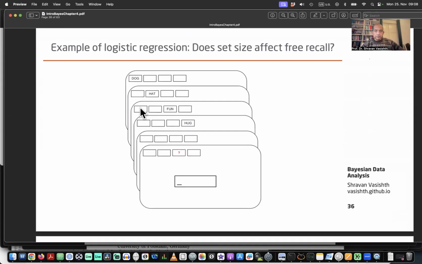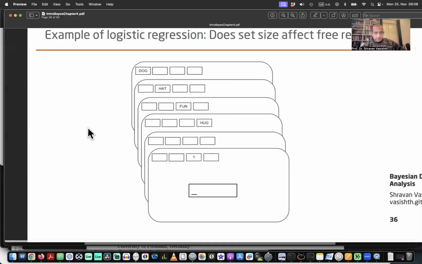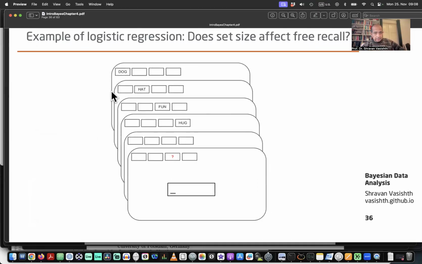The kind of problem that we want to investigate here, the kind of research question used as an example, is an experiment where we want to know whether set size will affect free recall. The basic setup is that on every successive screen, the subject sees a sequence of words in different positions: dog, hat, fun, hug.